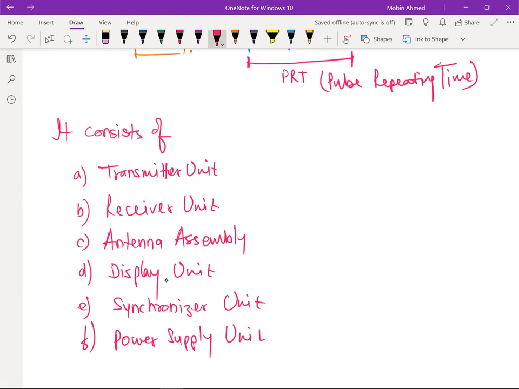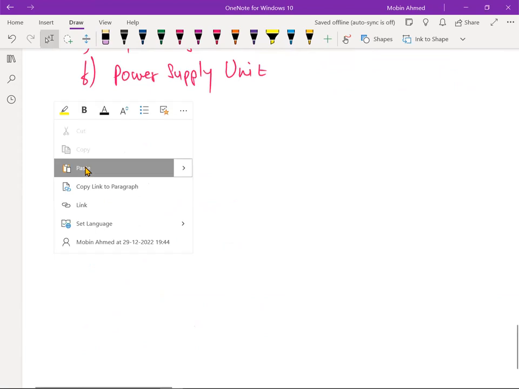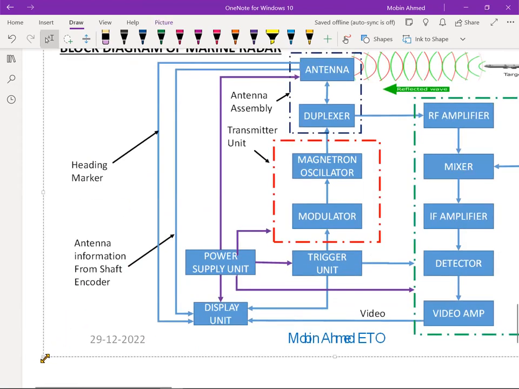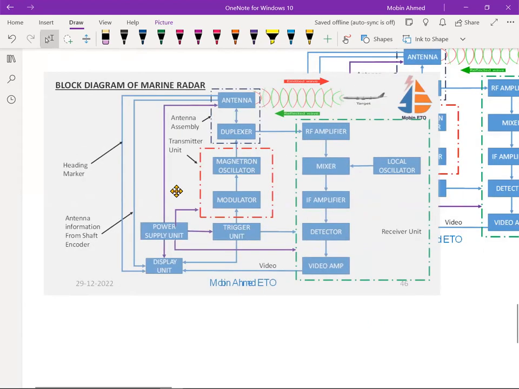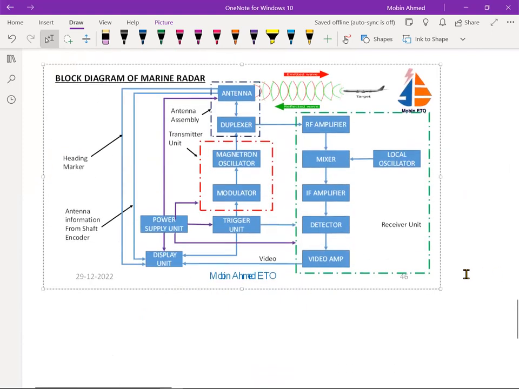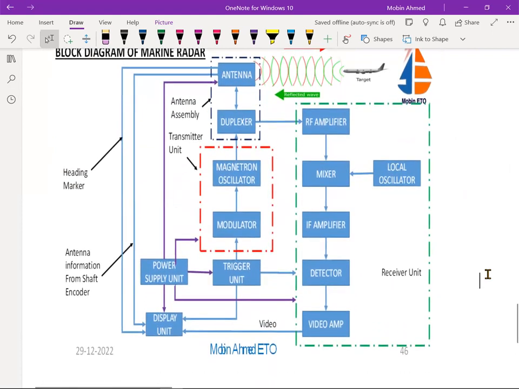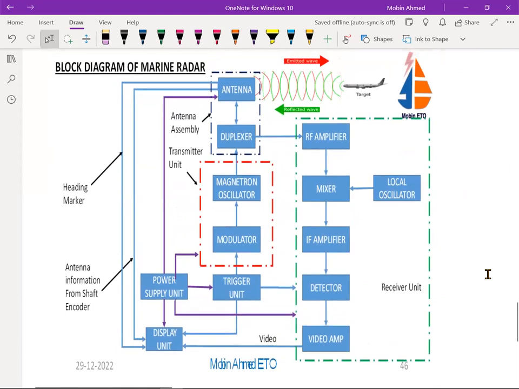So these are all there in a radar. Marine radar or any radar, you are going to have a transmitter unit, receiver unit, antenna assembly, display unit, synchronizer unit, and power supply unit. This is the block diagram of the radar. If you see the block diagram of the radar, yes, you can see this is the block diagram of the radar.